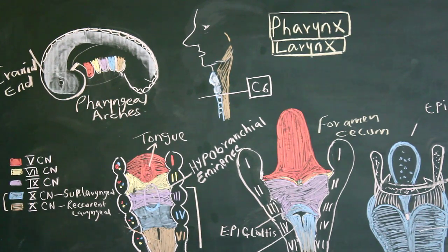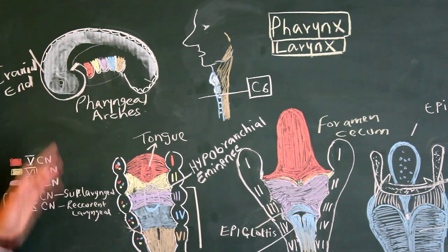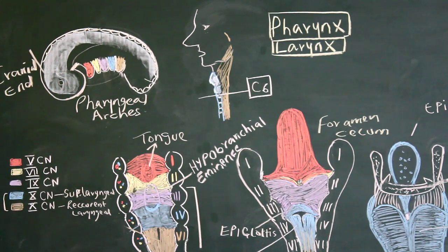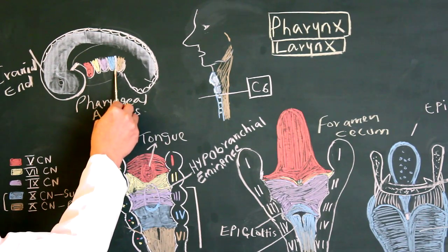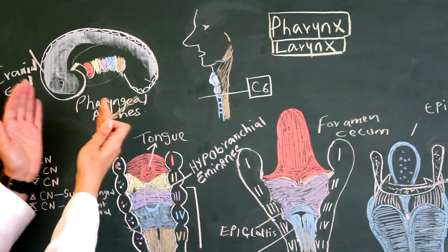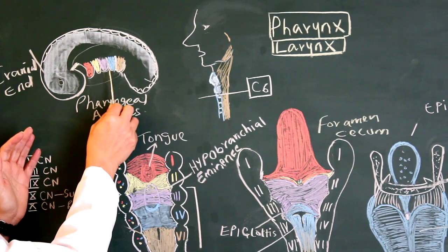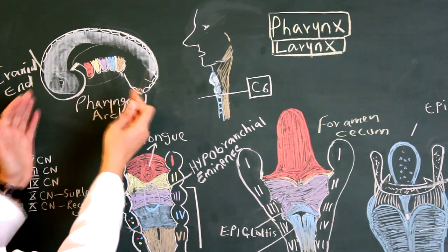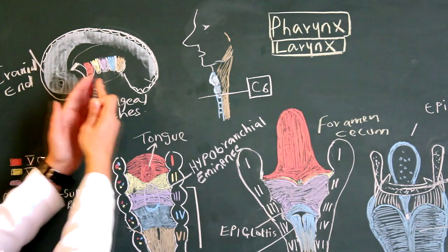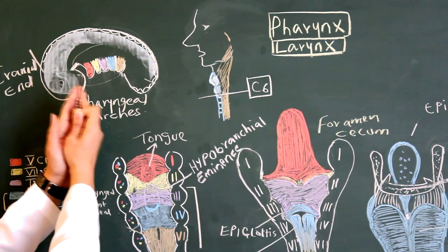So in other vertebrates, there are 6 pairs of pharyngeal arches, pouches and grooves, while in humans there are just 4, because arch number 5 just gets resorbed. Arch 4 and arch 6 overgrow and cover up arch number 5 in the human embryo.